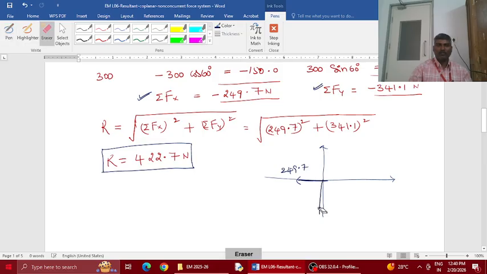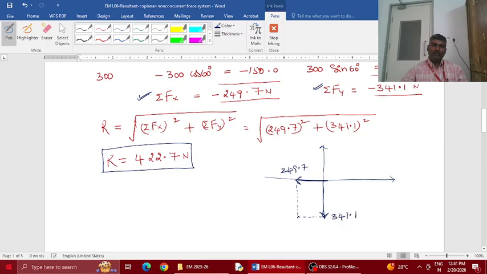Let me just draw it to a rough scale, not to the exact scale. See, this value is lesser, this value is little more, so I give more length to the arrow. This comes 341.1. Now you just complete the parallelogram, nothing but rectangle here because the components are rectangular components.